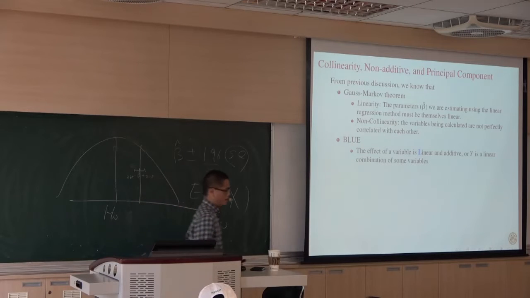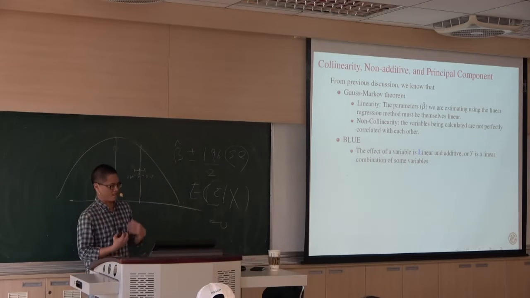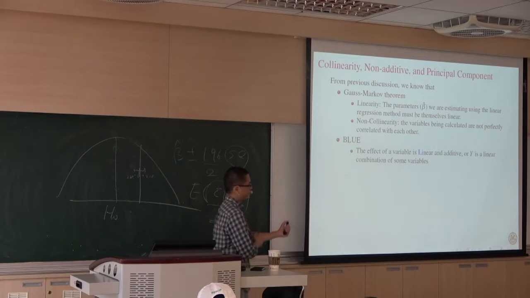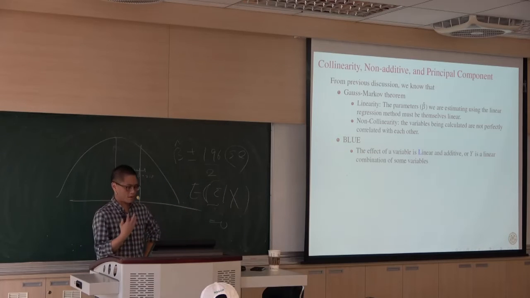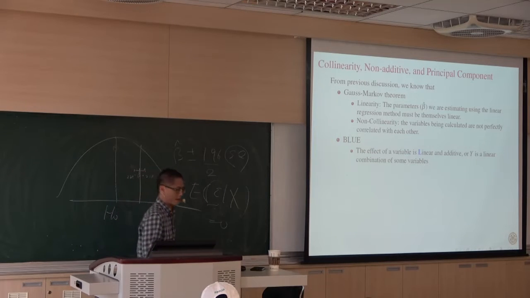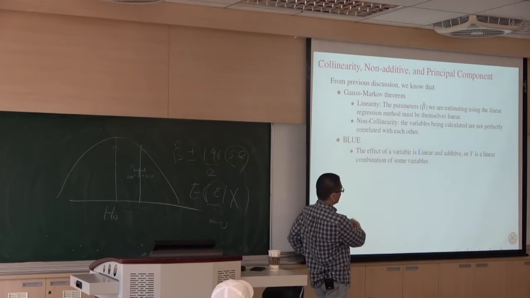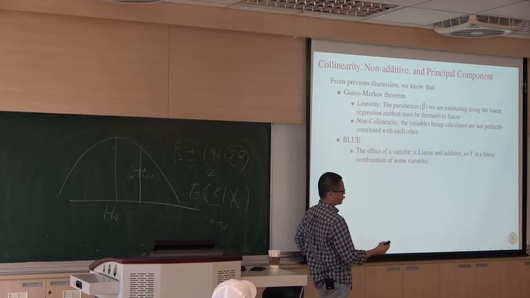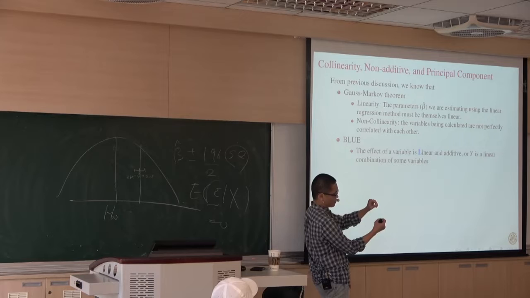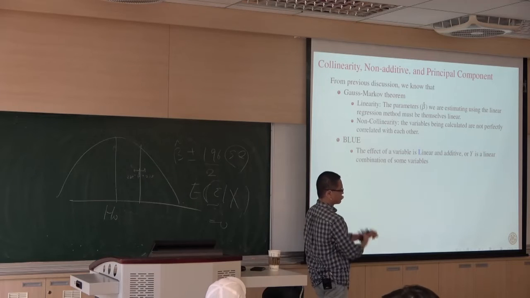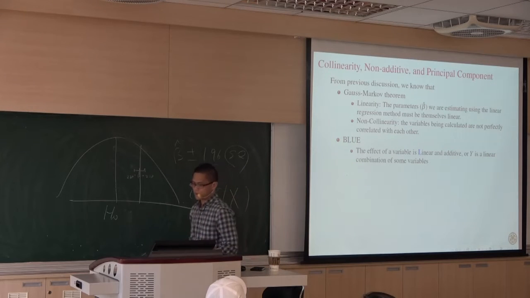Now we're going to talk about linearity and collinearity as well. Remember, to keep refreshing you on the BLUE property and the Gauss-Markov theorem: linearity means that the beta estimator we are estimating using the linear regression model must itself be linear, meaning that you have to render a linear effect of your x variable onto the y variable. That's the interpretation.